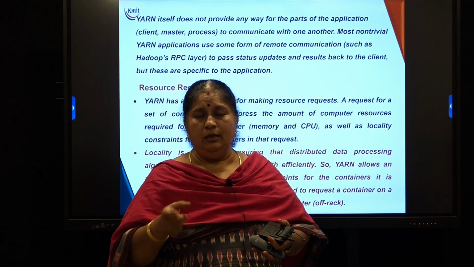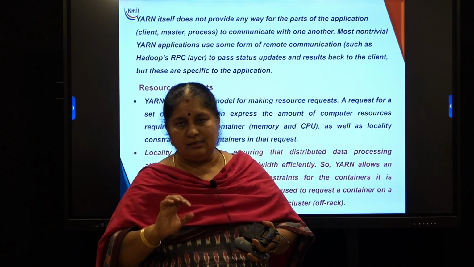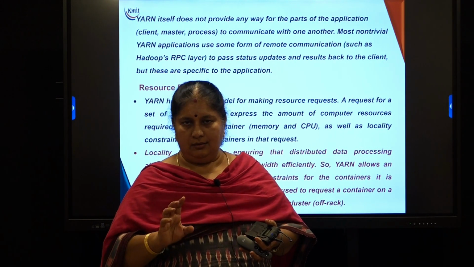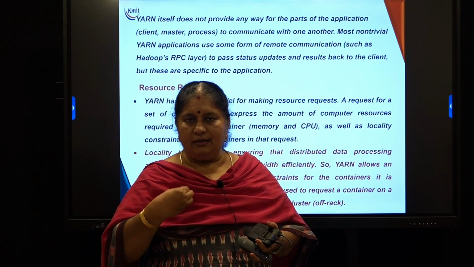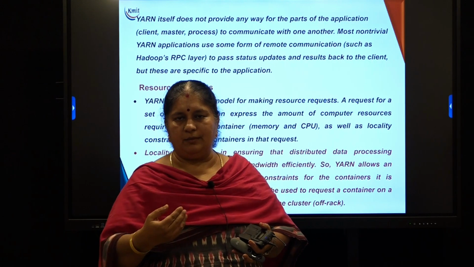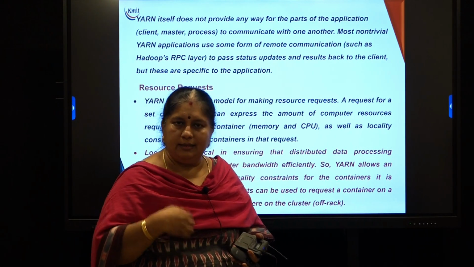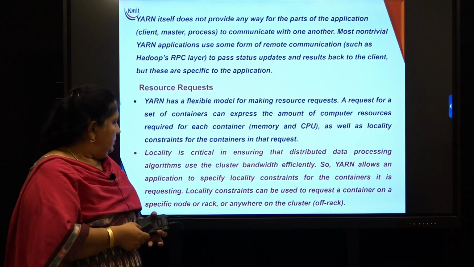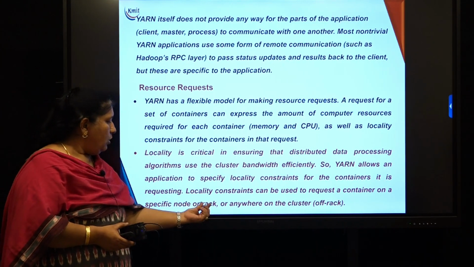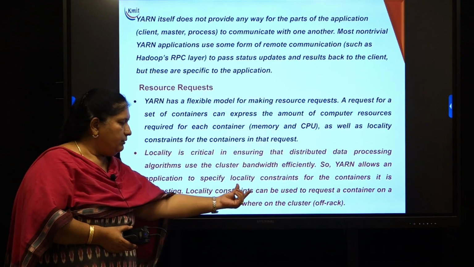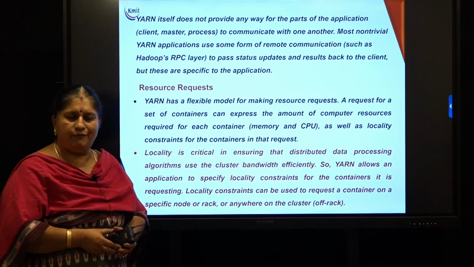If possible, try to allocate me the node where this resume file is maintained. If I get that, I can finish off my work because the data is available on that machine. Or you can also ask for on rack, or if nothing is available we go for off rack.